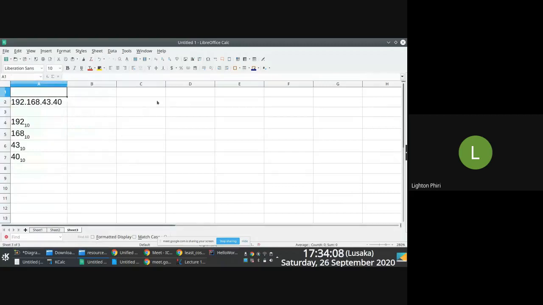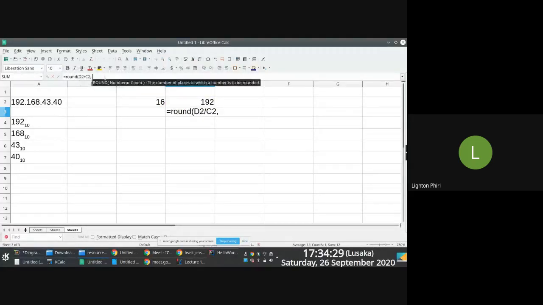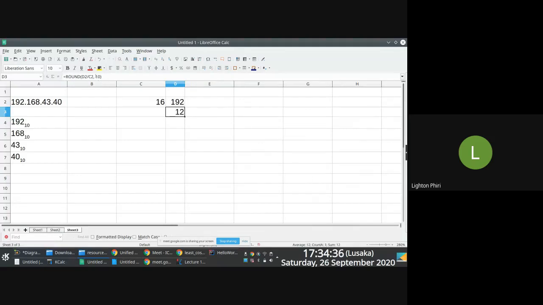Repeated division. 192, you repeatedly divide this by 16. What is 192 divided by 16? The answer is 12. No, it can't be true, right? 16 goes into 192 without any remainder.